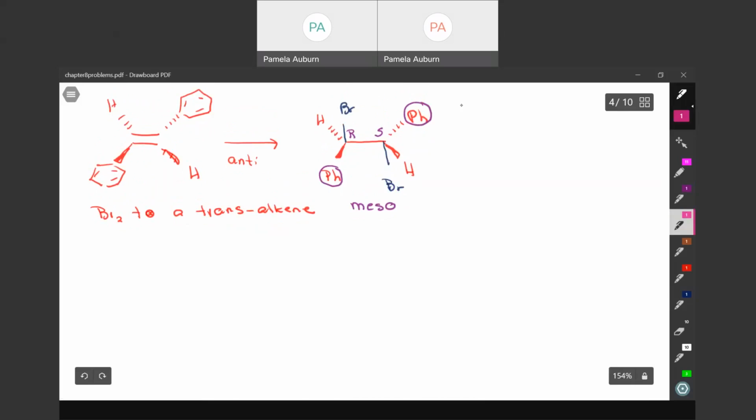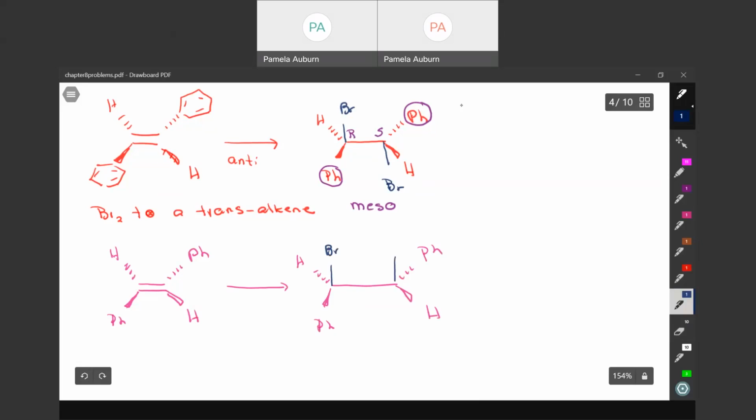If we were to add syn, I would get... So the configuration on the first one is still R. It's the same as it is above.